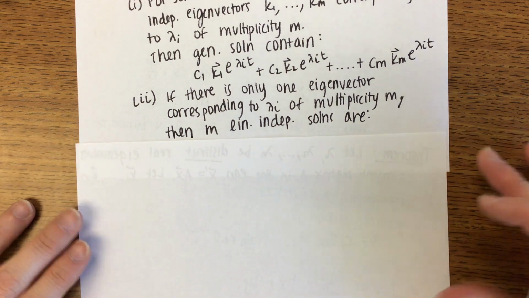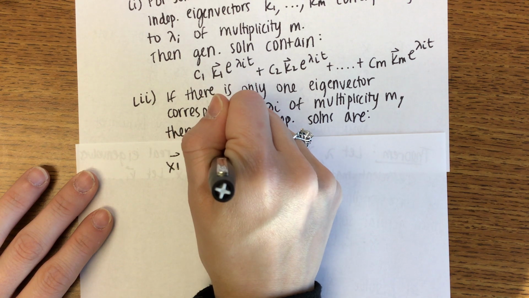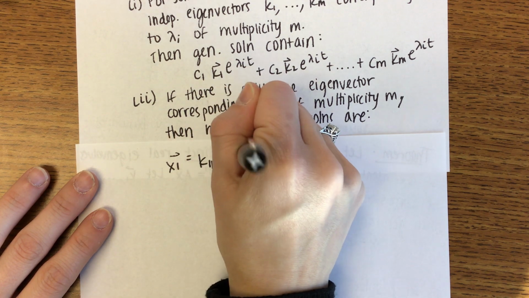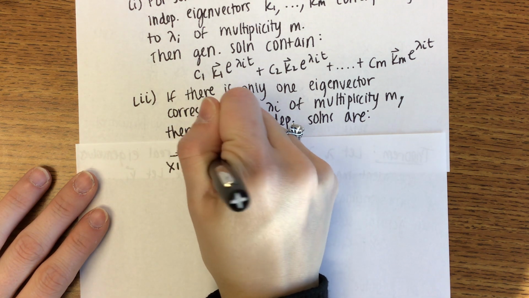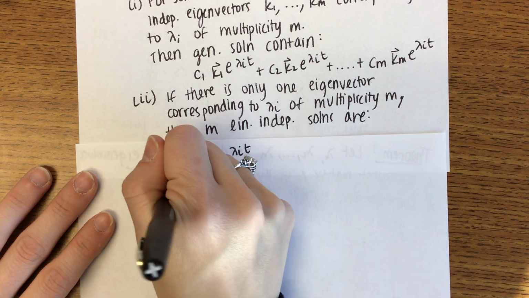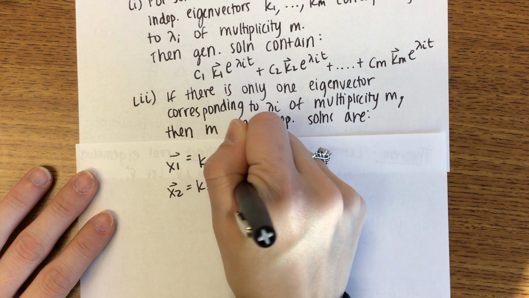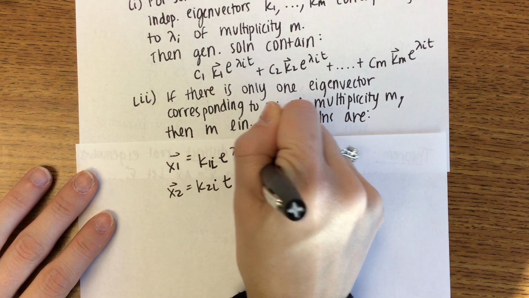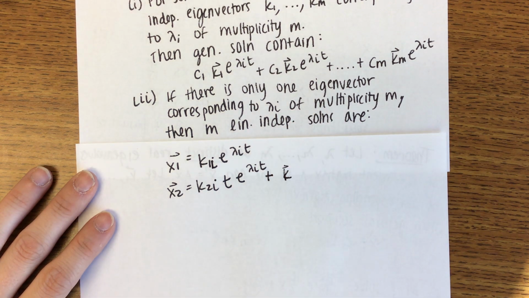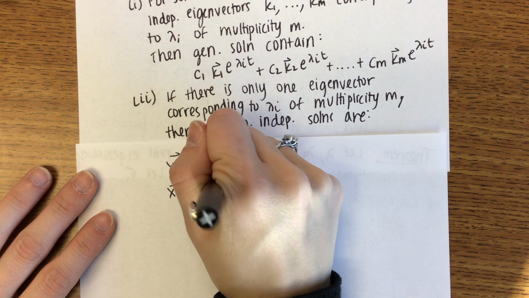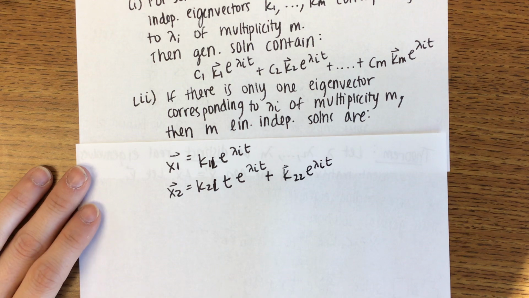You will have x1 is equal to k11 e to the lambda I t. x2 will be k21 t e to the lambda I t plus k22 e to the lambda I t.